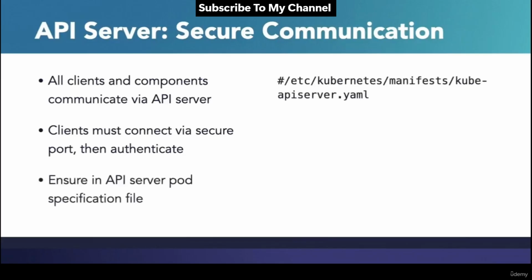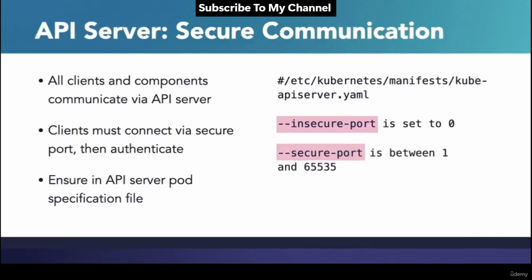Make sure that in the API server specification file, the insecure port parameter is set to 0. If you set up an API server on the default insecure port 8080, you're allowing attackers unencrypted access to the API server. The secure port parameter is used to serve HTTPS traffic.